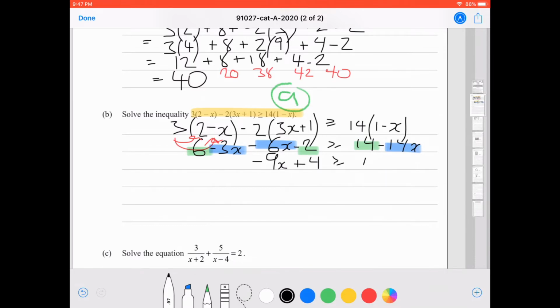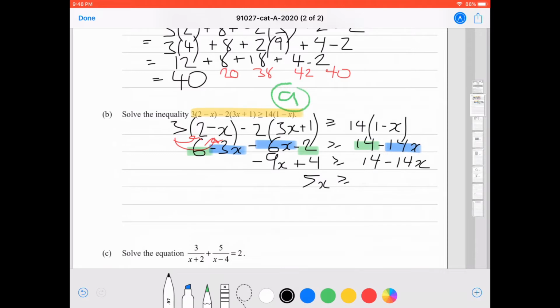This is greater than or equal to 14 minus 14x. Okay, we want to bring our x's to one side. Let's move the 14x to the left-hand side, and we can say minus 9x plus 14x is 5x.